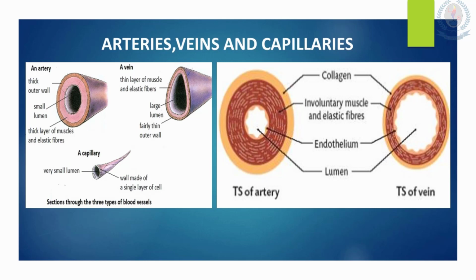There also you can clearly identify the difference between the layer of muscle, how it varies between those two, and also how the lumen size is different. We will discuss the differences in the next slide in detail.